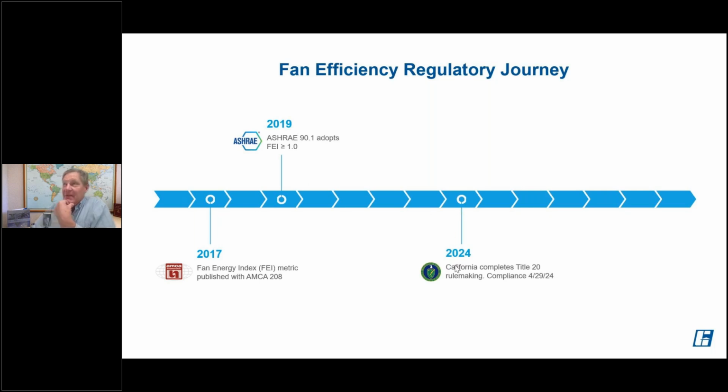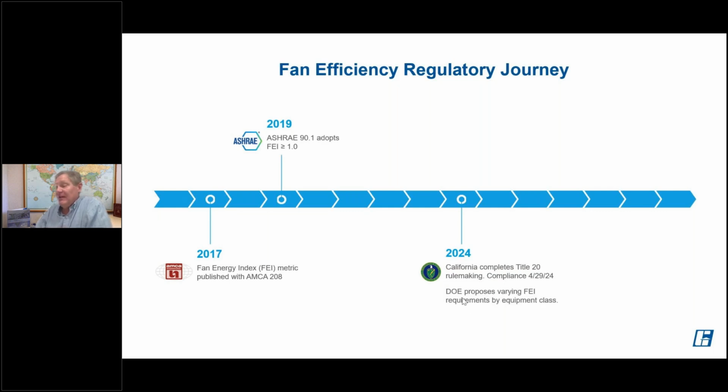There are mandates in place in the state of California right now, called California Title 20, that no manufacturer is allowed to ship a fan into California that has an FEI of less than 1.0. So California has taken it one step beyond the codes, and they've actually put a regulation in place that passes the burden onto the manufacturer. That became effective basically the 1st of May this year.